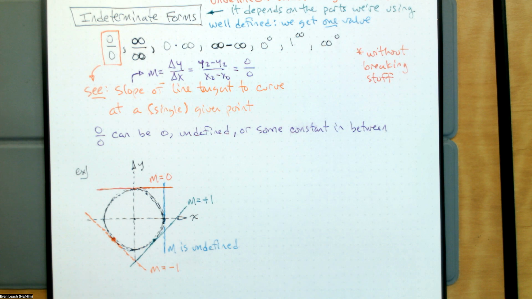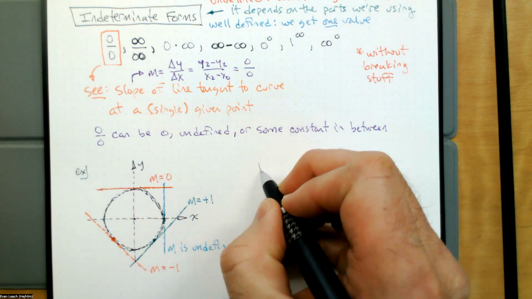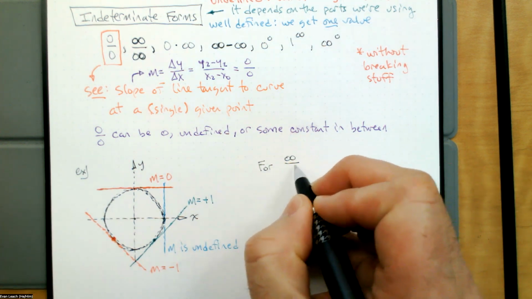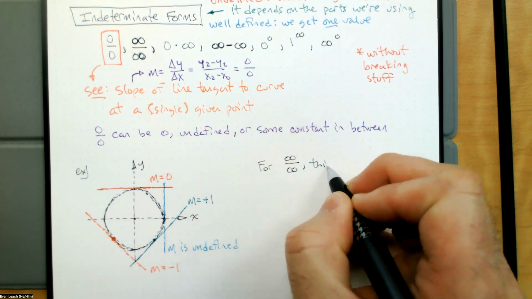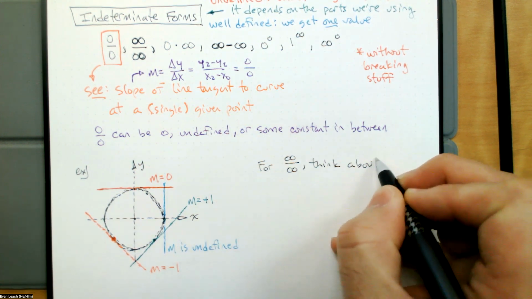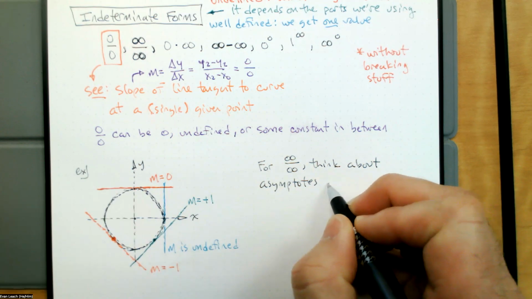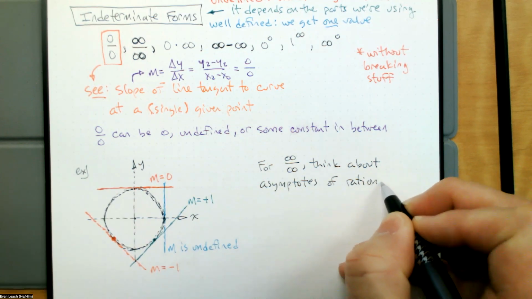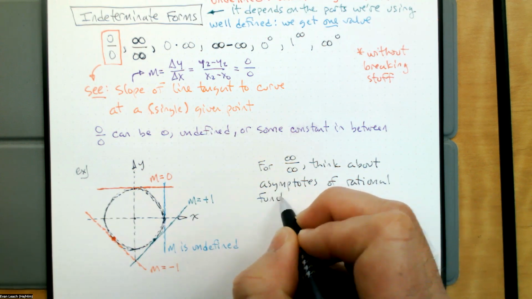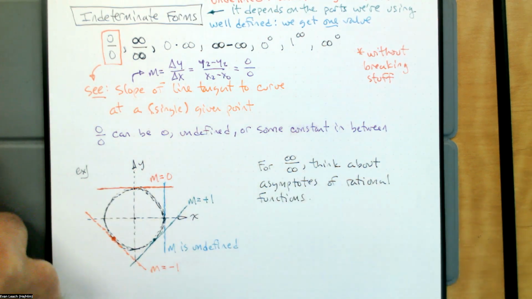Some other places that we've seen indeterminate forms. So this is one from here in Calc 1. Before this, we've seen some infinity over infinity. For infinity over infinity, we can think about asymptotes of rational functions.